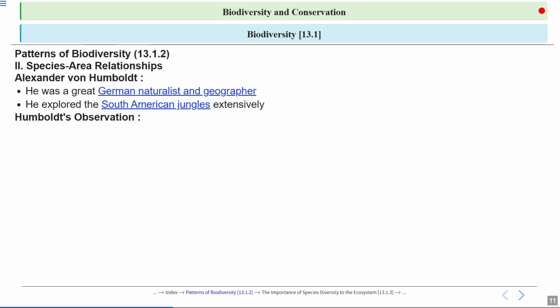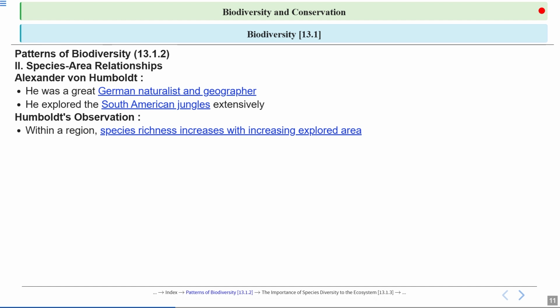Now let's look at what Humboldt actually observed. Humboldt noticed that as you explore a bigger area within a region, you find more species. This is called an increase in species richness. So species richness increases with increasing explored area.